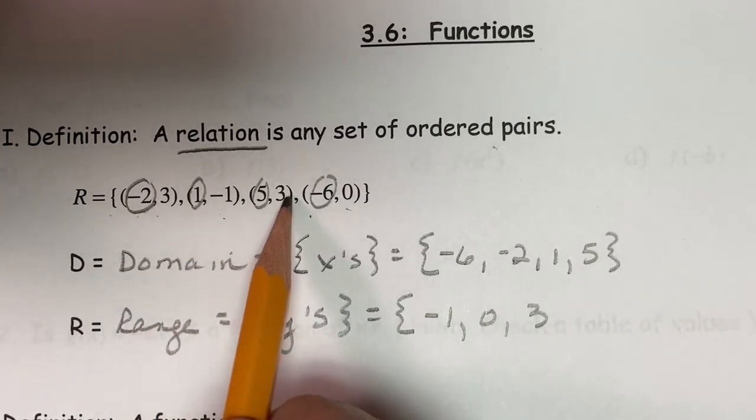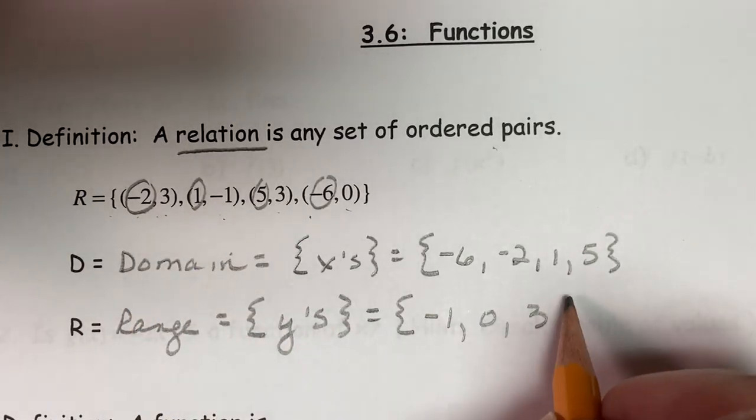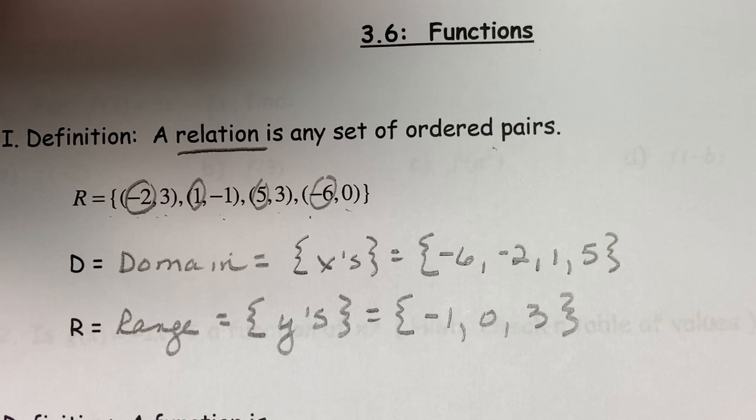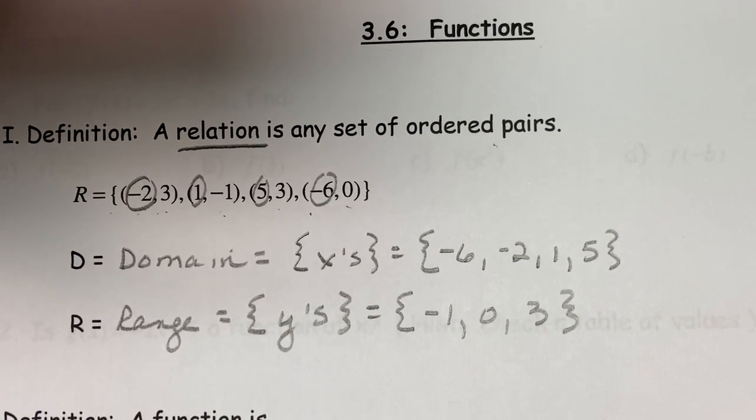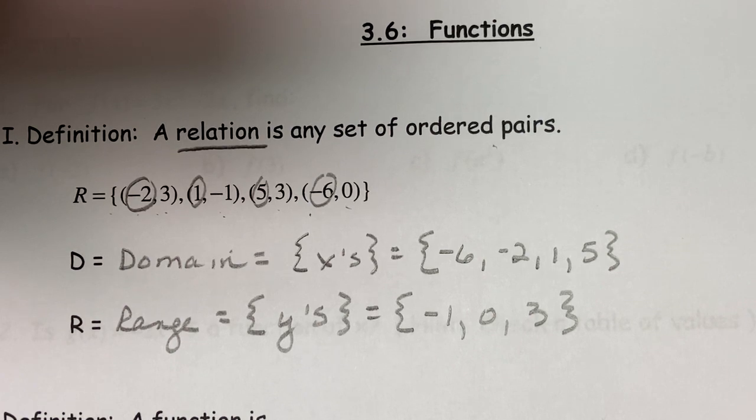Now notice 3 actually happens twice, but that's okay. We're only going to list it once. So the range of that relation, R, that I have as an example, is the set of numbers -1, 0, and 3. So there's domain and range. Domain is the x's, range is the y's.